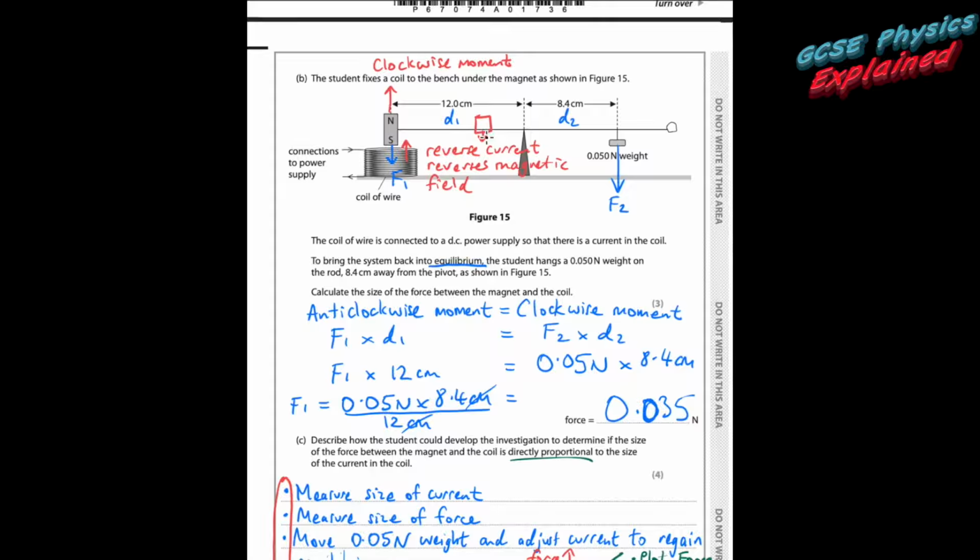Remember, follow the weight down, go round the back of the pivot, keep on going, and you'll see that is anti-clockwise. So then this would create the anti-clockwise moment in order to balance out that clockwise moment. So I'll show you how to write that.